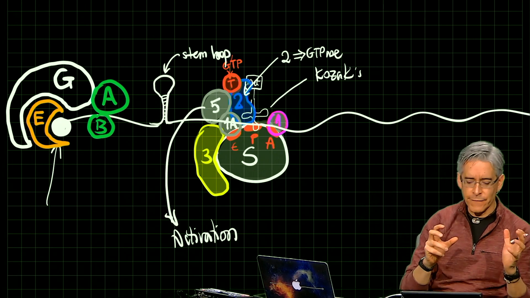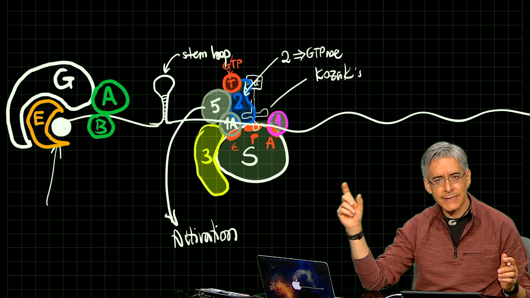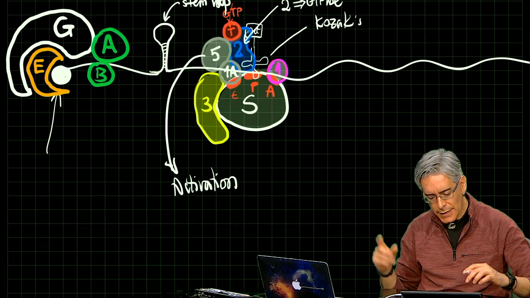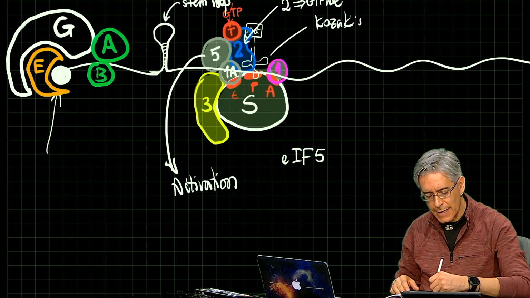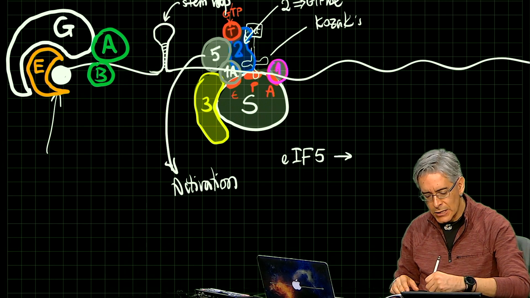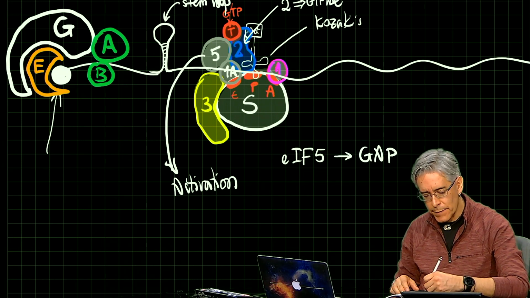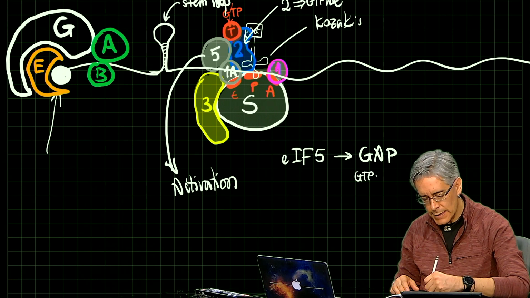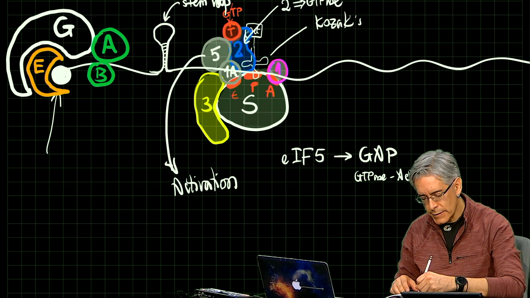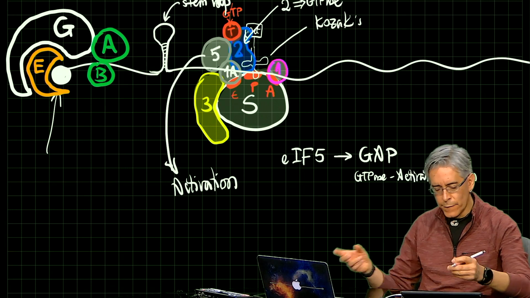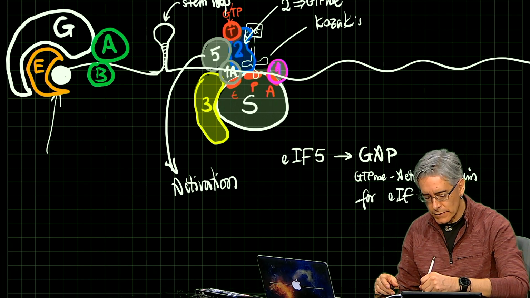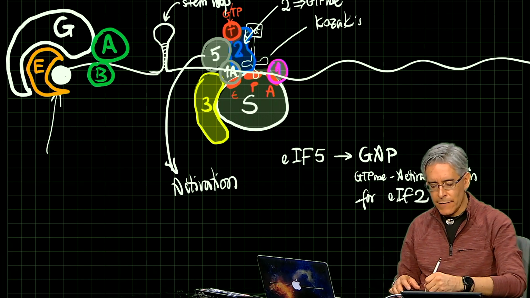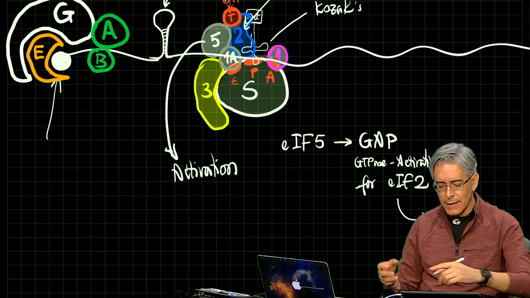In other words, eukaryotic initiation factor 5 is the GTPase activating protein for eukaryotic initiation factor 2, which means now factor 2 is active.